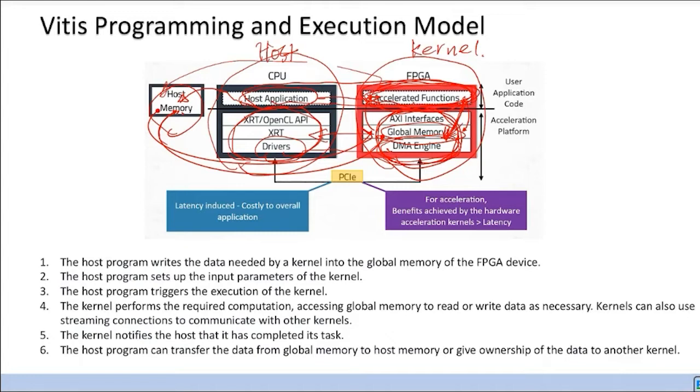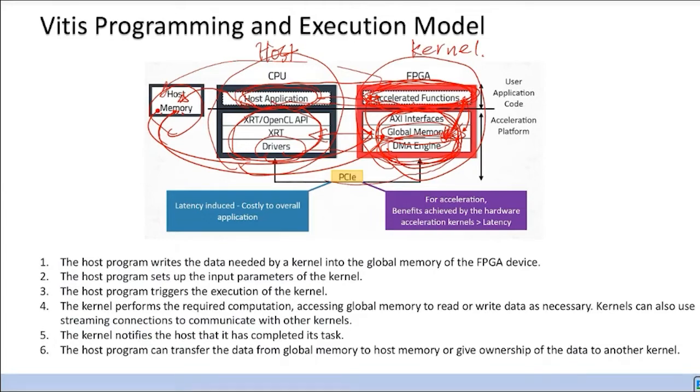The kernel function works with the global memory, and its results are also saved in the global memory. The DMA engine moves the global memory data to the host memory, and then the rest of the host program takes over to get the result data from the host memory.